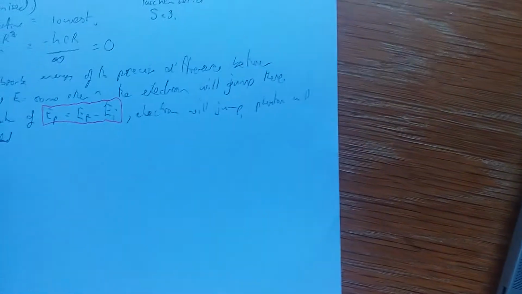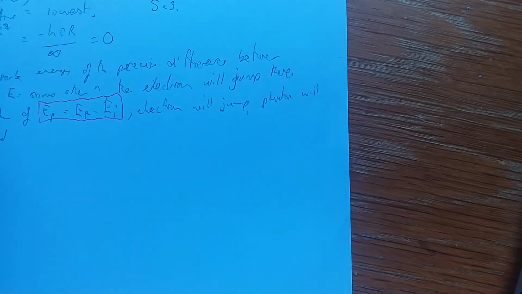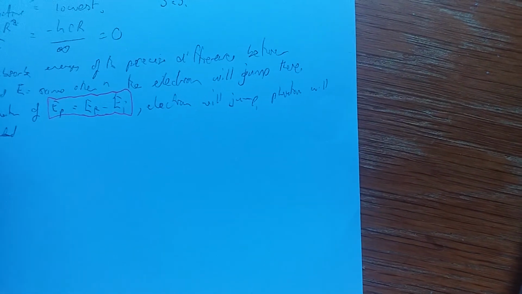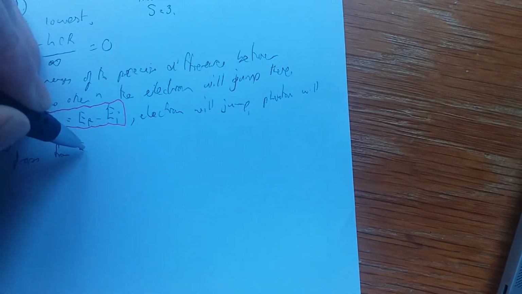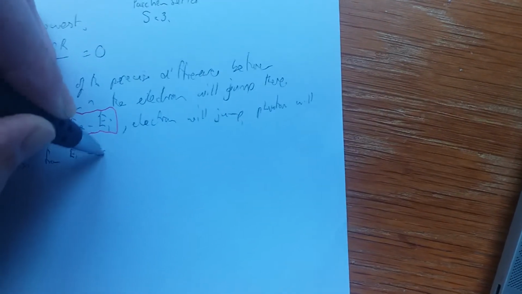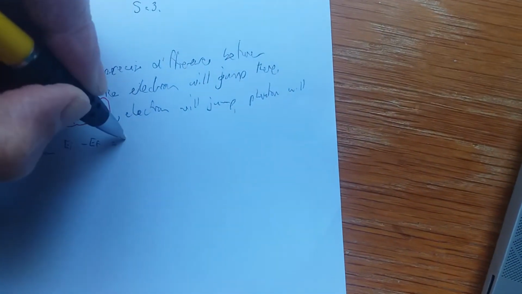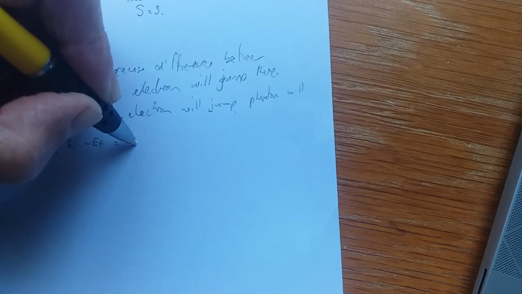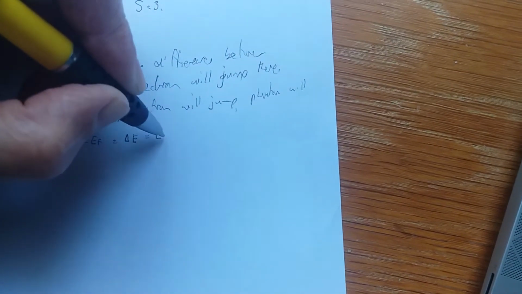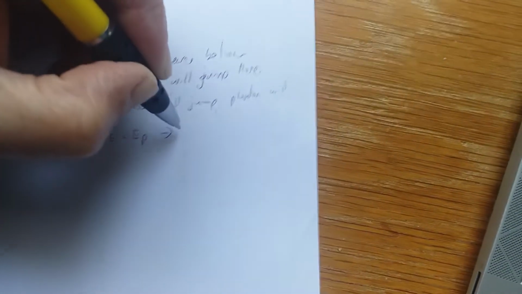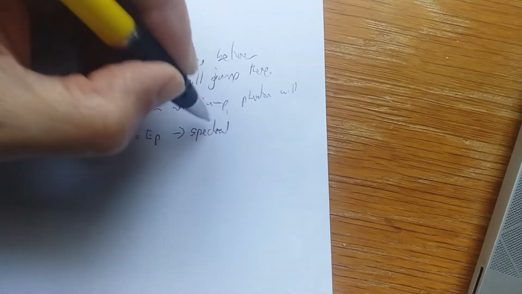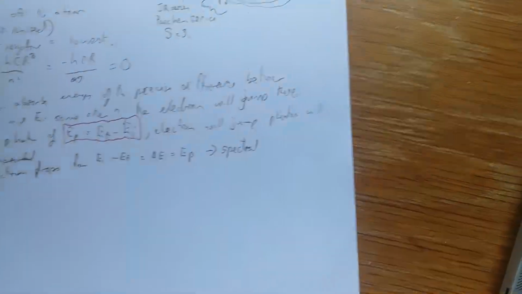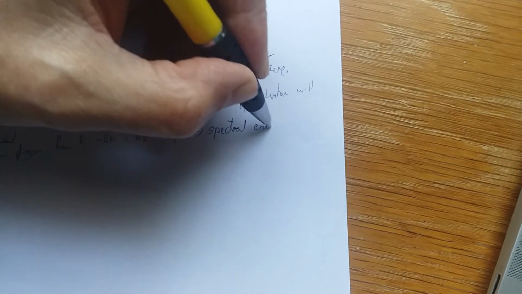If an electron drops from E initial to E final, then delta E is equal to the energy of the photon, and this creates our spectral emission lines.